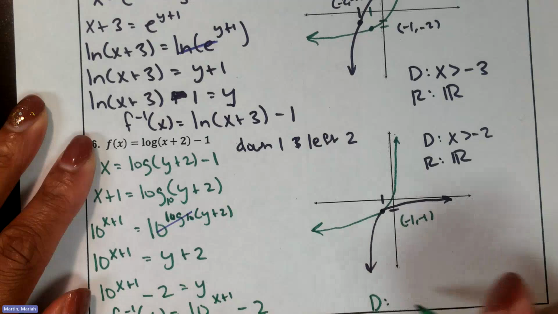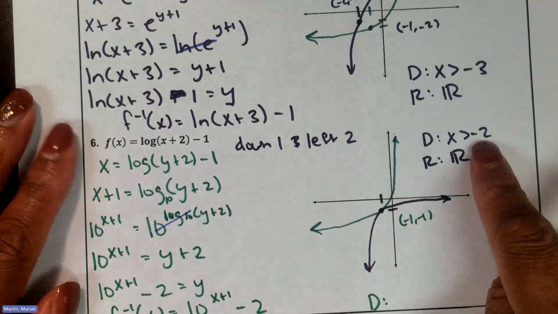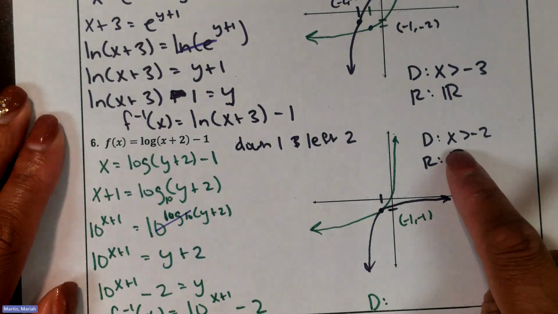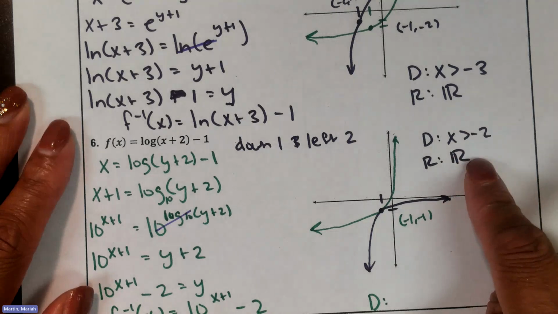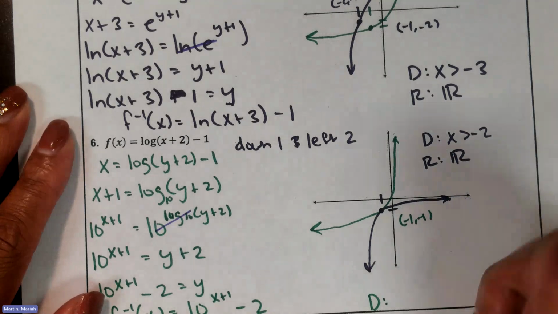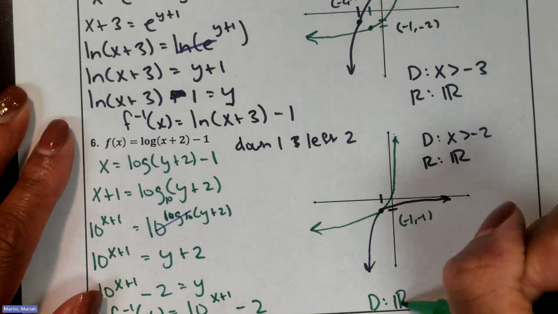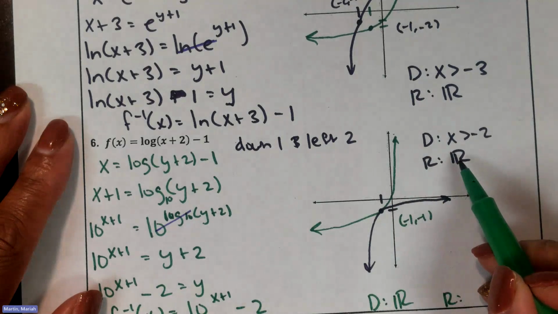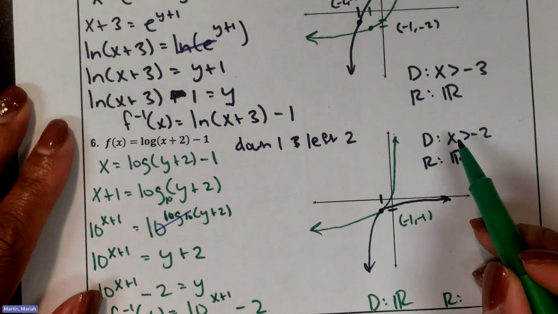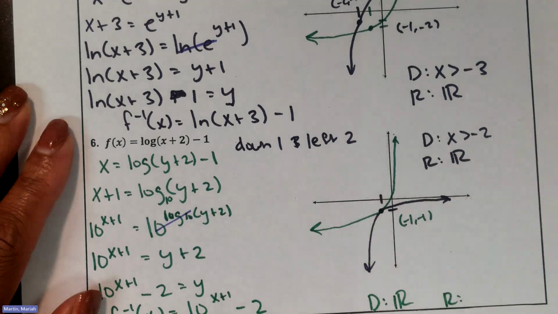Our domain is, remember, switched from here. So instead of our domain being x is greater than -2, our domain is now our old range, which is all real numbers. And then our range, even though it says range is all real numbers here, we're taking the inverse, which is the opposite of almost everything here.